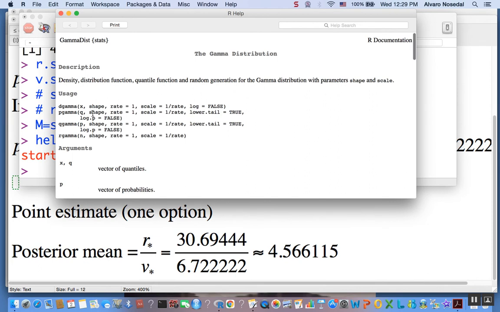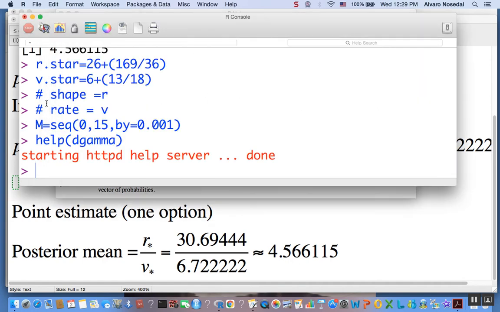Okay, so anyway, can you see that you could define that gamma using the parameter rate or the parameter scale and the parameter shape? The one that you want, to be consistent with the way the authors of our textbook are doing things, is shape and rate.